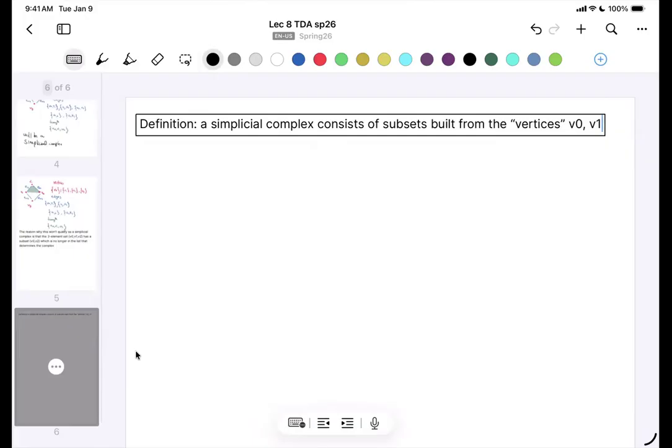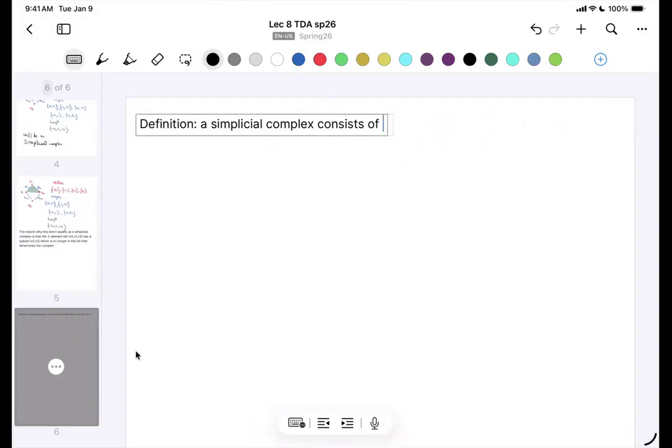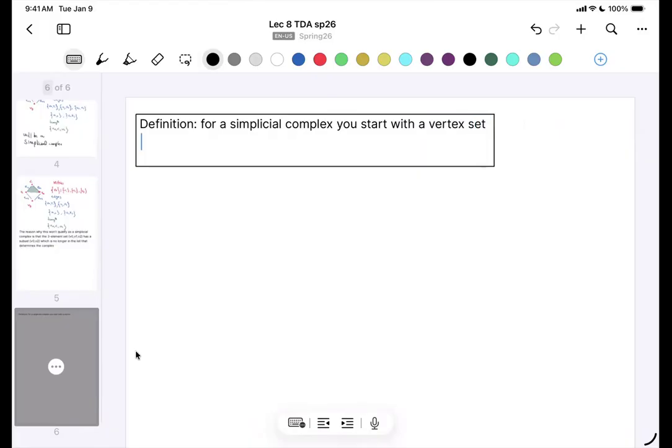Well, let me put it more recursively. For a simplicial complex, you start with a vertex set. The vertex set is just going to be called V, let's call it V equals V0, V1, up to VK.